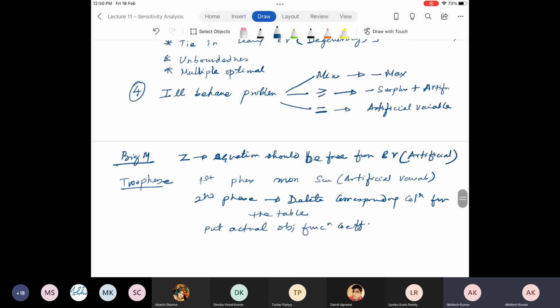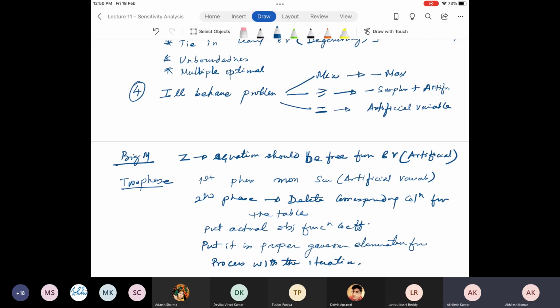Put it in a proper Gaussian elimination form. Proceed with the iteration. So this is big M and two phase.